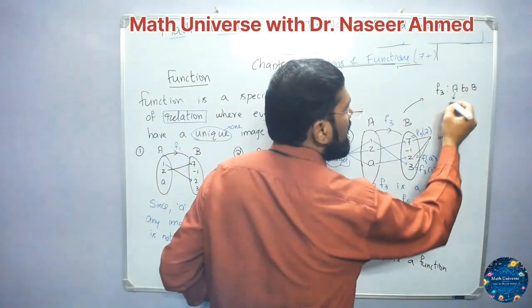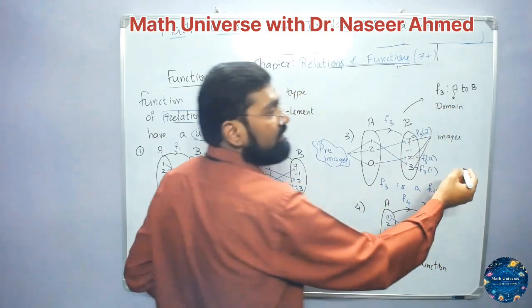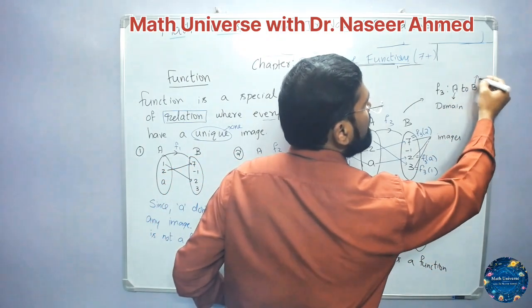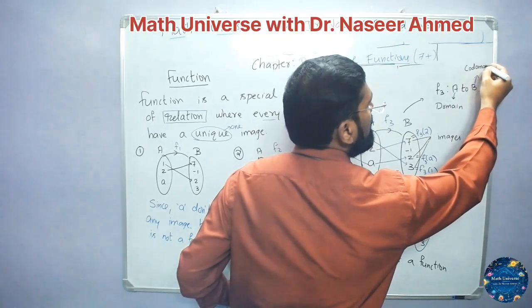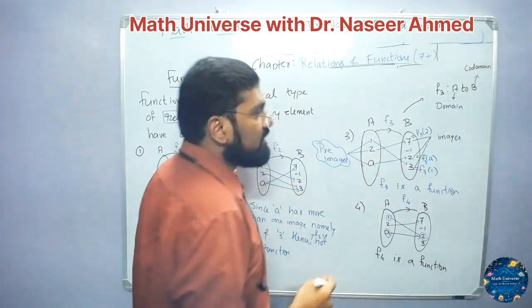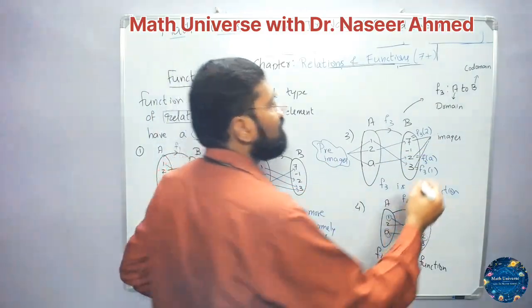Domain. What is the second set B known as? Codomain. And the set of all the images is known as the range.